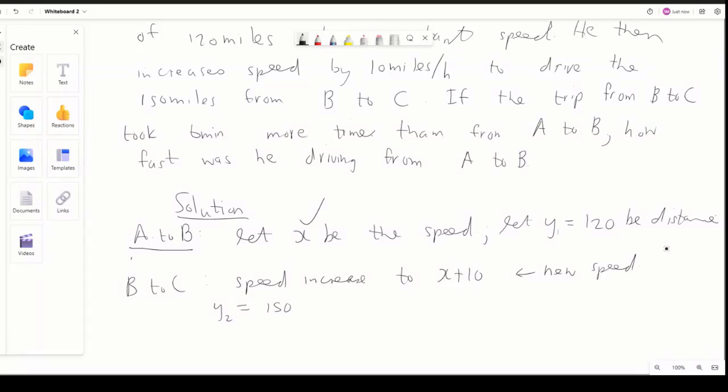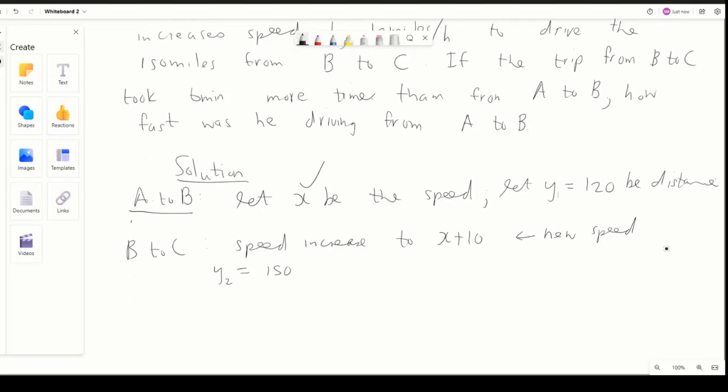If the trip from B to C took 6 minutes more, right? So the time now, right?